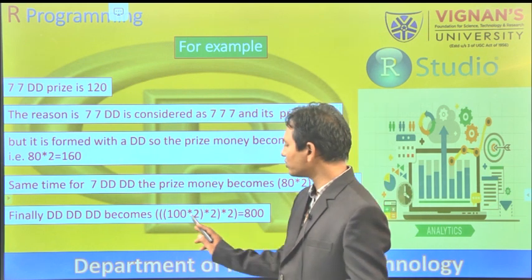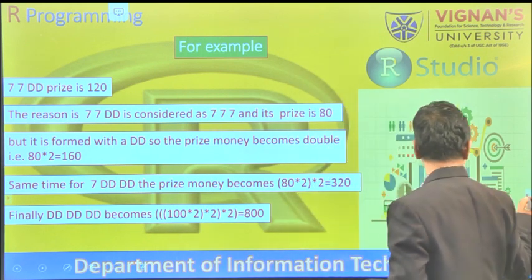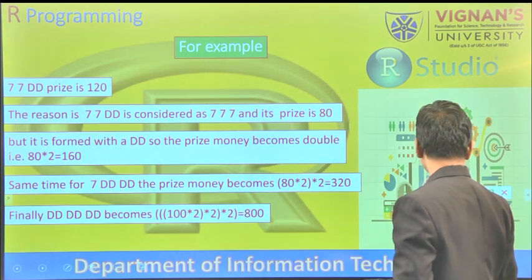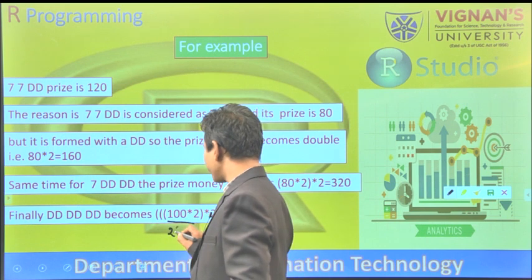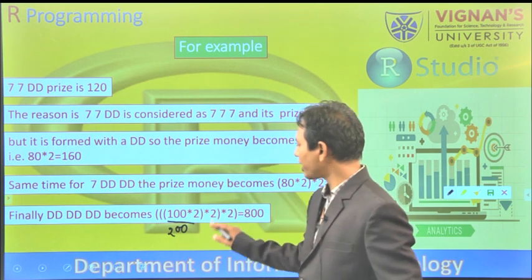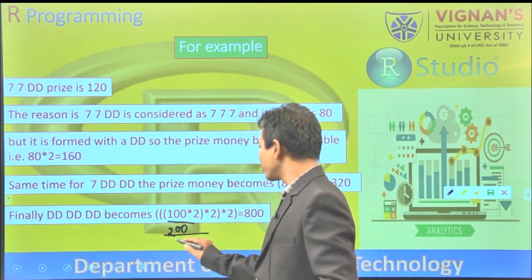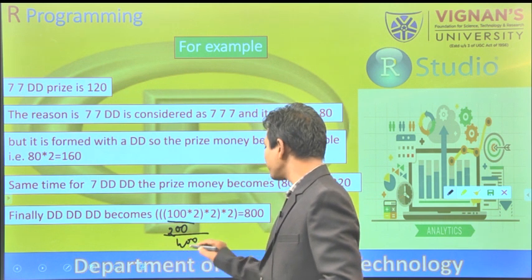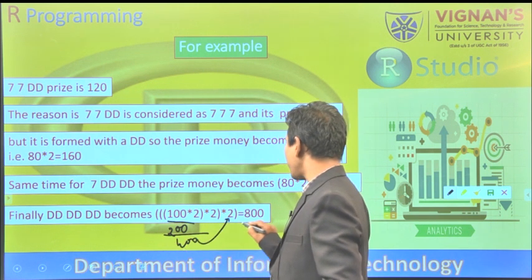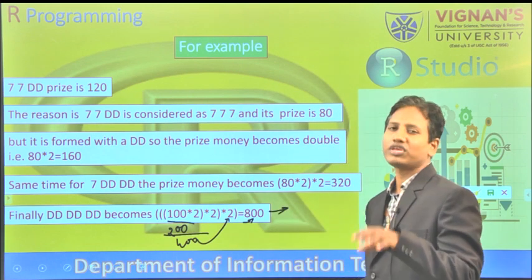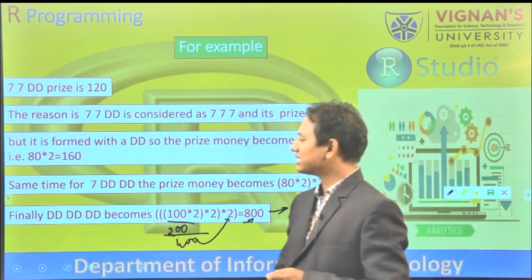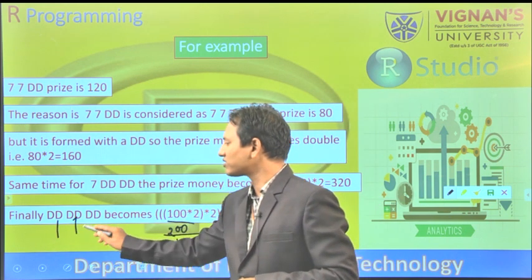So 100 into 2, 200 is going to become 200. This 200 into 2 will become 400, and this 400 into 2 will become 800, and completely you are going to get 800 rupees if you get the diamond symbol thrice.